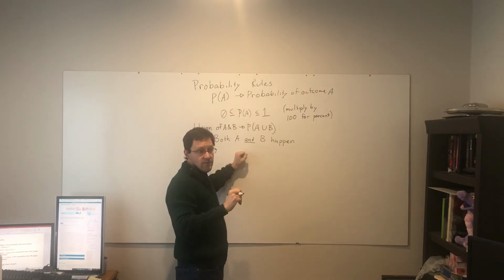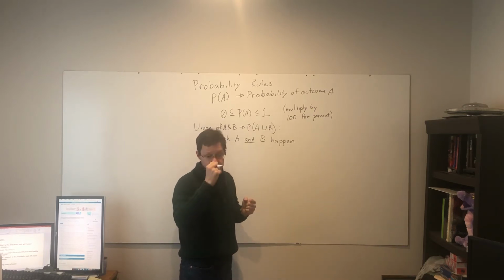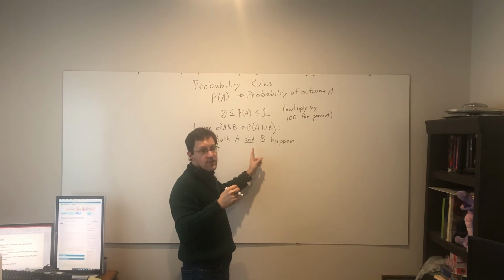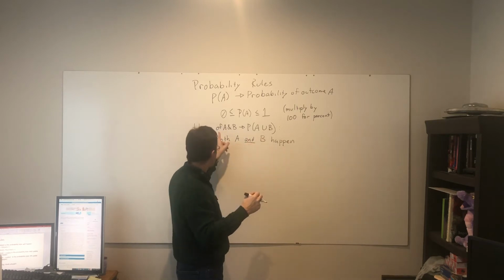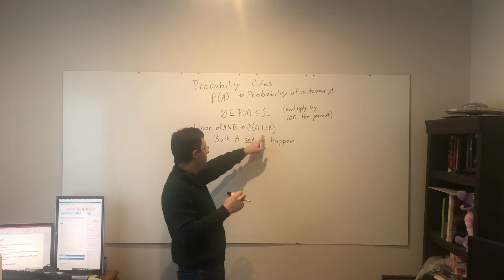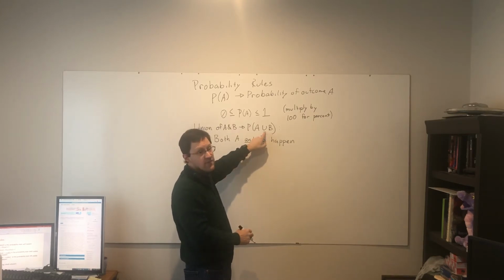And we can have two different ways of looking at two events happening together. We can ask, is it the case that they both happen? That would be the probability of A and B, or what's called the union. The symbol here is something that looks a lot like an uppercase U for union.